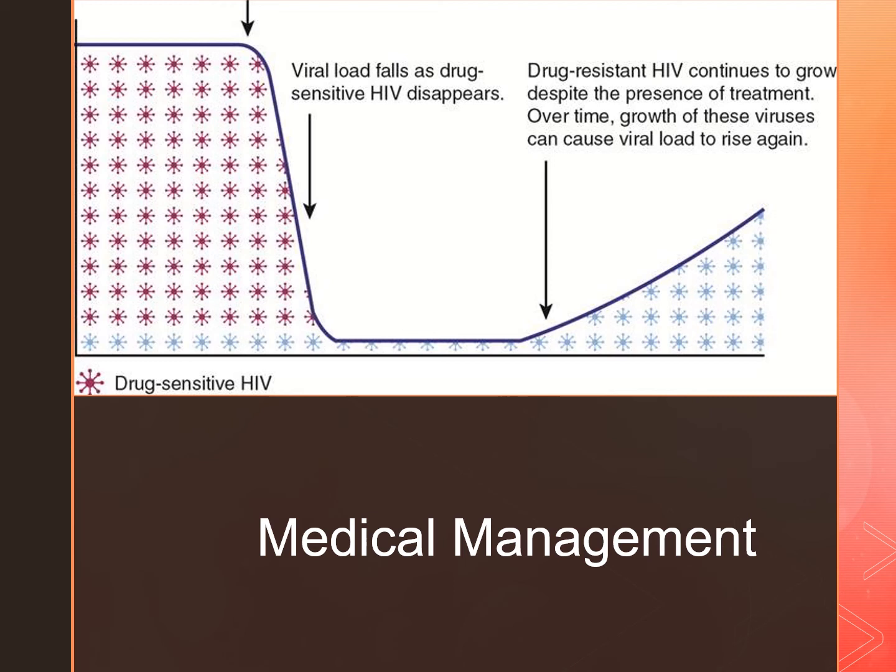These drugs can include the nucleoside reverse transcriptase inhibitors, the non-nucleoside reverse transcriptase inhibitors, the protease inhibitors, and fusion inhibitors. Adverse effects of these medications include nausea, vomiting, diarrhea, pain, bone marrow suppression, rash, seizures, etc. With the protease inhibitors, we also see lipid abnormalities.